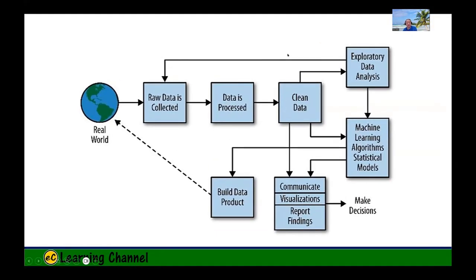So basically, this is a flow chart of the so-called data science. You get started with the real world problem. For example, you're trying to do a survey regarding the drink that you most prefer.